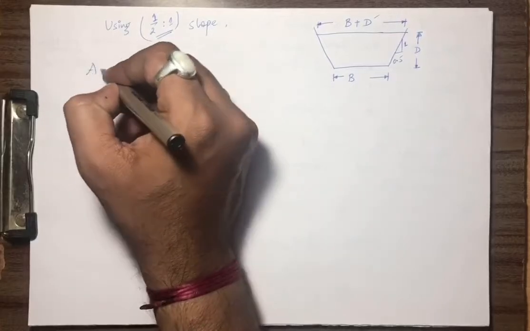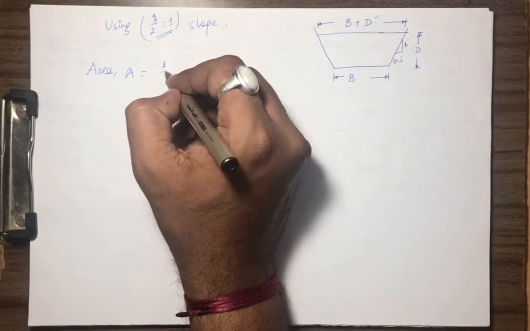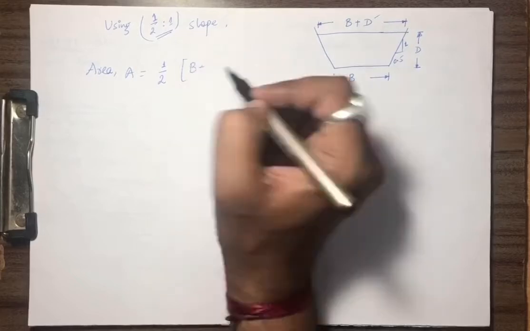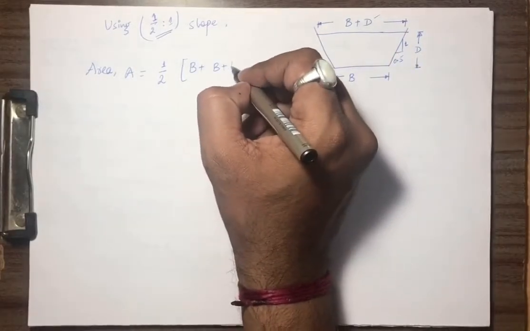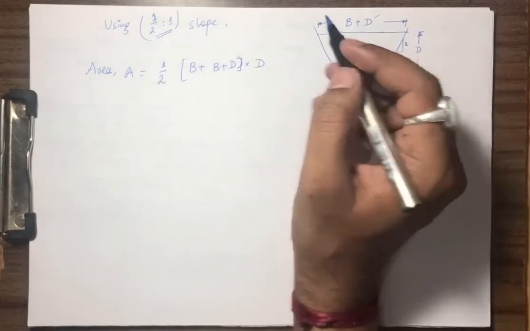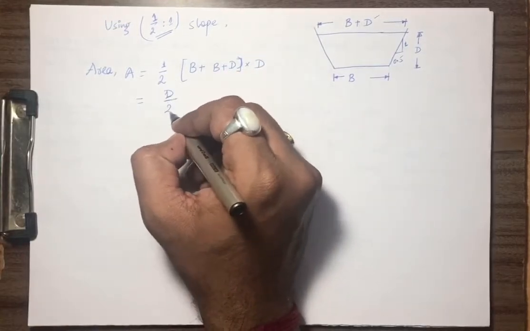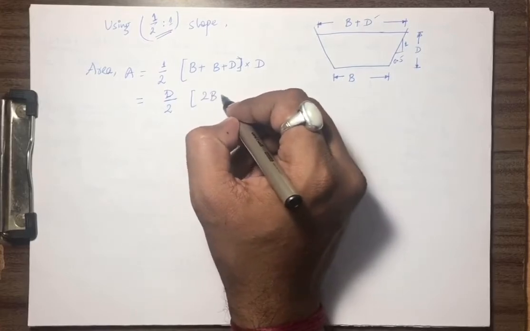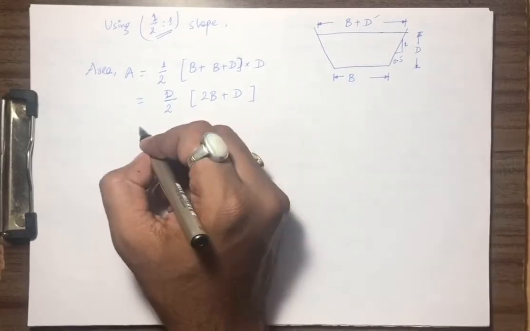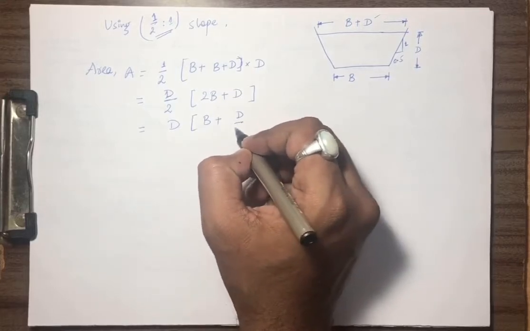So area A will be how much? Half into B plus B plus D, multiplied by D, or that is D by 2 into 2B plus D, or D into B plus D by 2.